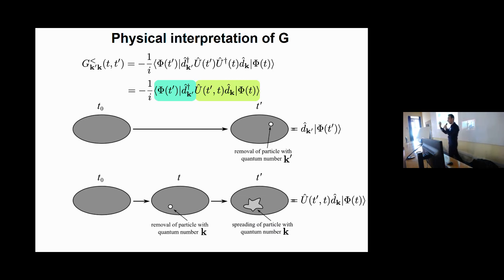So what has happened? From time t to time t prime, if the system is interacting, this particle had time to scatter with many other particles. So in k-space, the probability of finding this particle exactly at k is actually spreading. It's spreading like a drop of ink in a glass of water. Okay, it's just spreading.